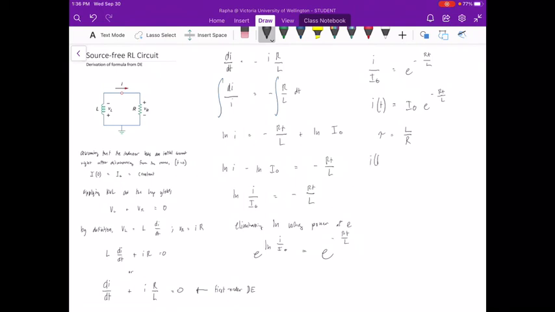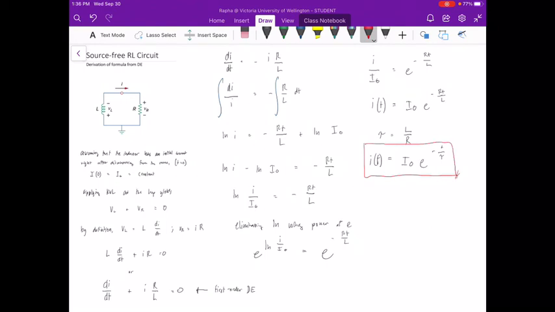So we have I of t is equal to I0 e to the negative t over tau, or our time constant. So this is our current equation for our source-free RL circuit.